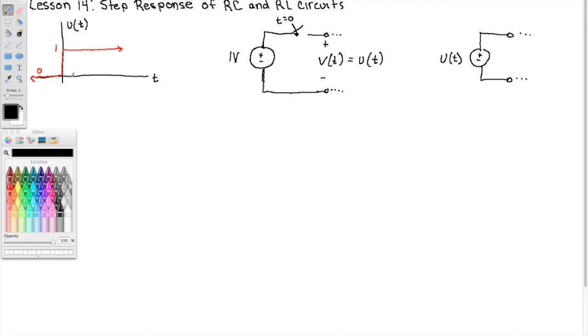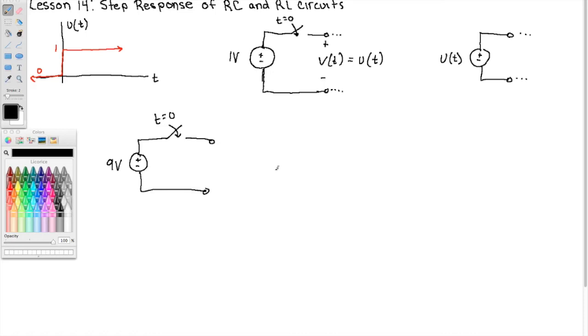You say, okay, what if I didn't have exactly 1 volt? What if I had a 9-volt battery there? That's no longer the unit step. We have 0 volts, and then we switch that in, and we have 9 volts.